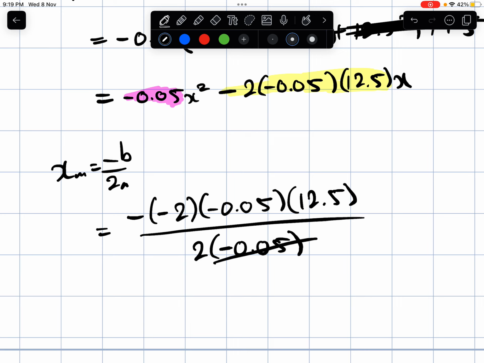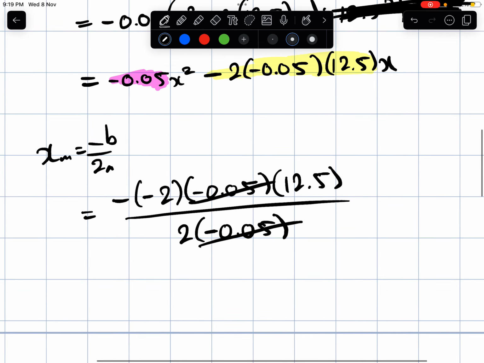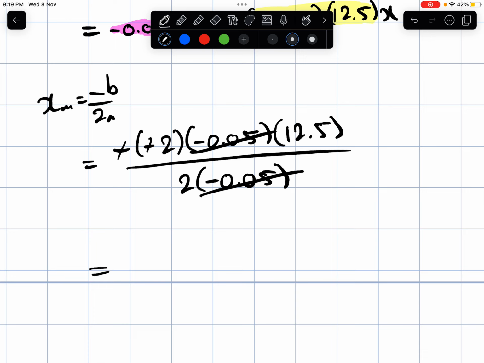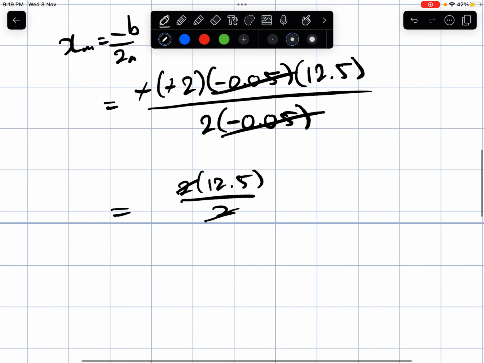Now these negative 0.05s cancel, and this negative cancels with that negative, so you get 2 times 12.5 on 2, and the 2's cancel. So therefore xm, so the midpoint value of x, is 12.5.